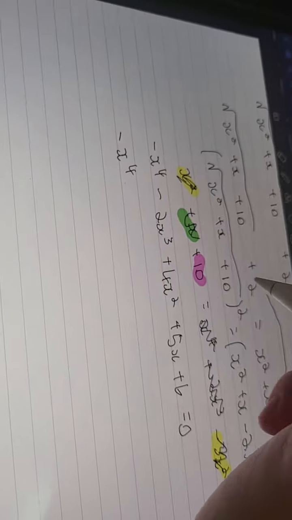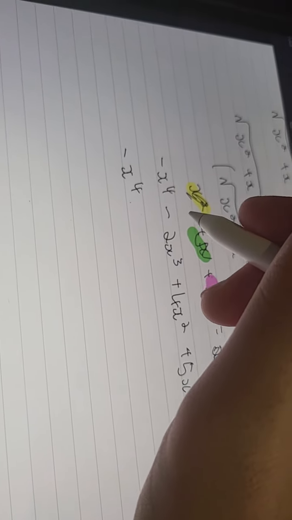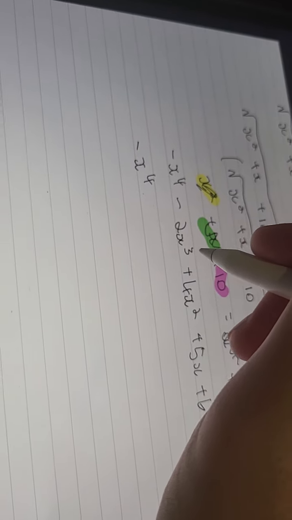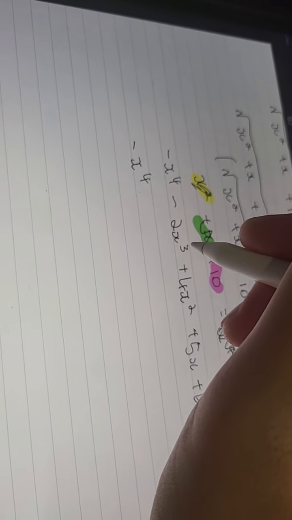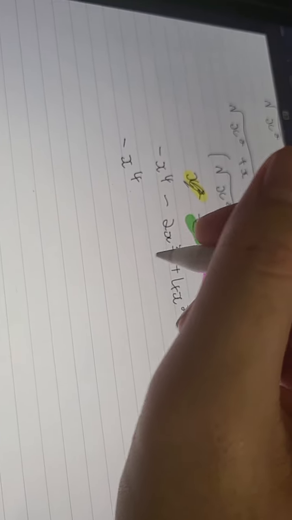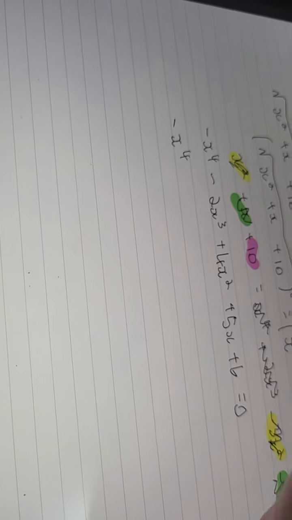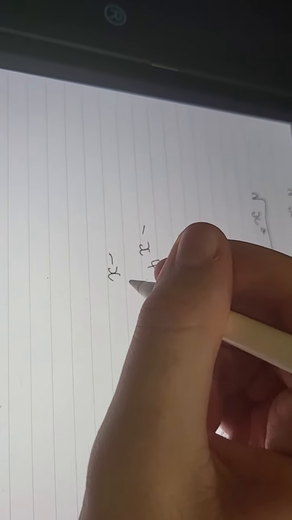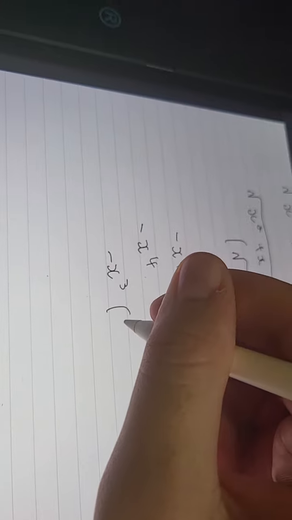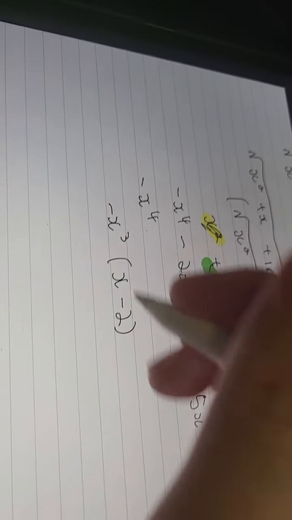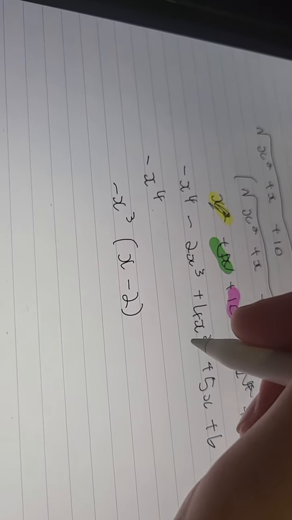That can stay like that because there's no way to break it up. But now, what can we take with minus x to the 4 to factor it out so that we can get a common term of x minus 2? So let me rather write what it would look like afterwards. Minus x cubed, then it would be x, and we want this to be minus 2, right? Because that's what we want to get out of all of them.